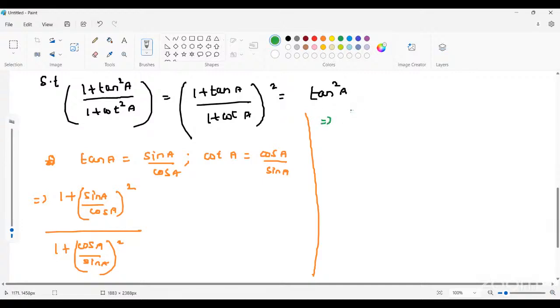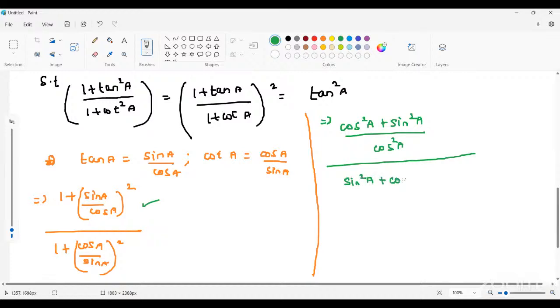So we will get cos square A plus sin square A by cos square A, by sin square A plus cos square A by sin square A. So now both of these become 1, isn't it?